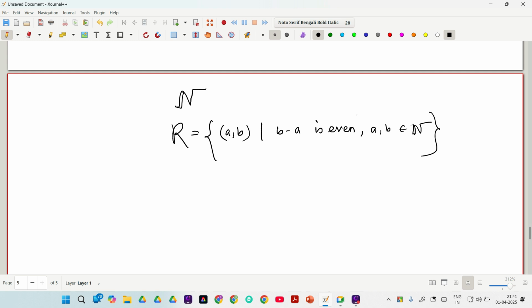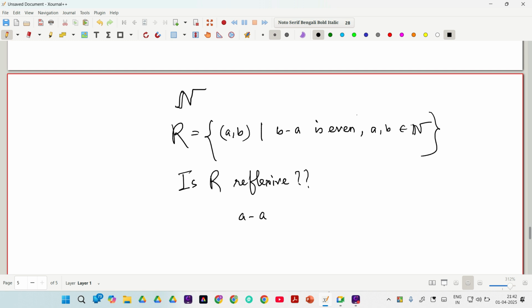Tell me, is R reflexive? What about a minus a? Because we have to check (a, a) for all a. Remember this. So we are checking for all a.